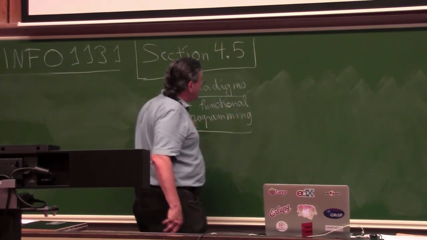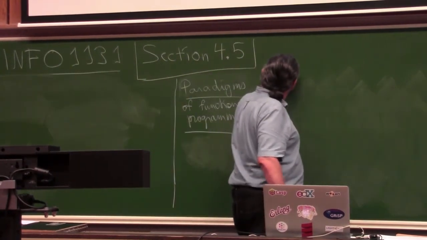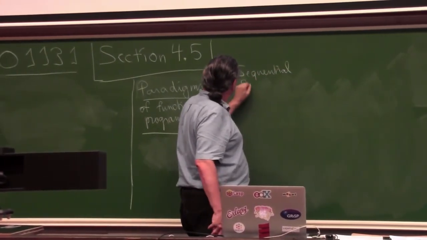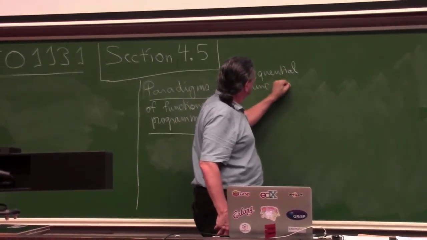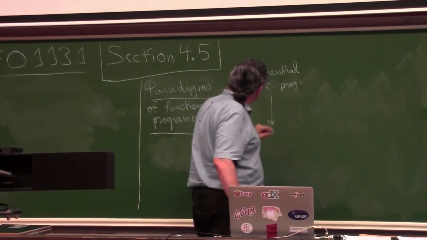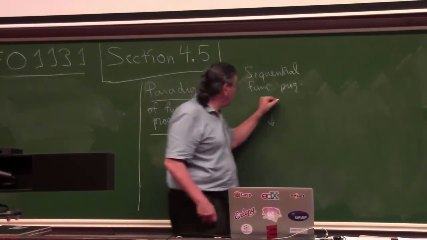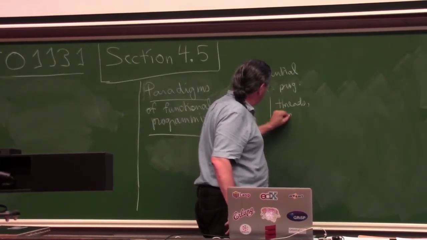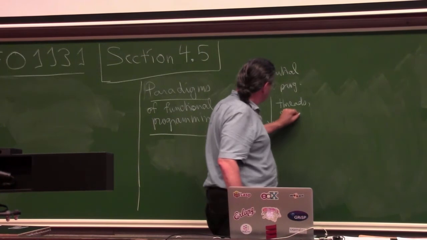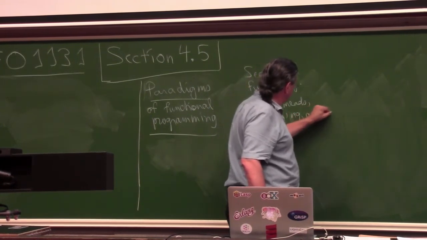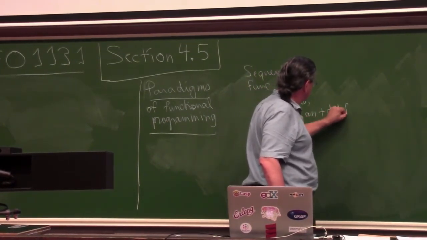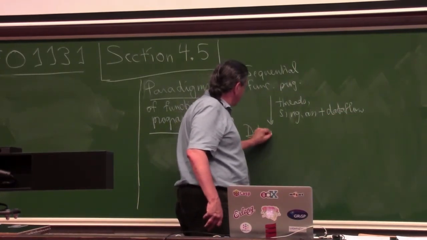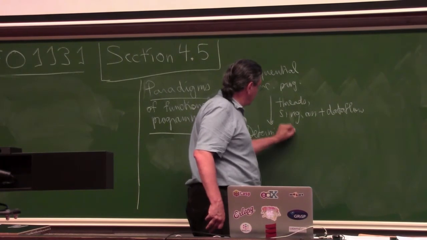We have seen standard sequential functional programming. If you add to this threads and data flow synchronization, single assignment, plus data flow synchronization, then you get deterministic data flow, which is a very nice model, which we saw in the last course.